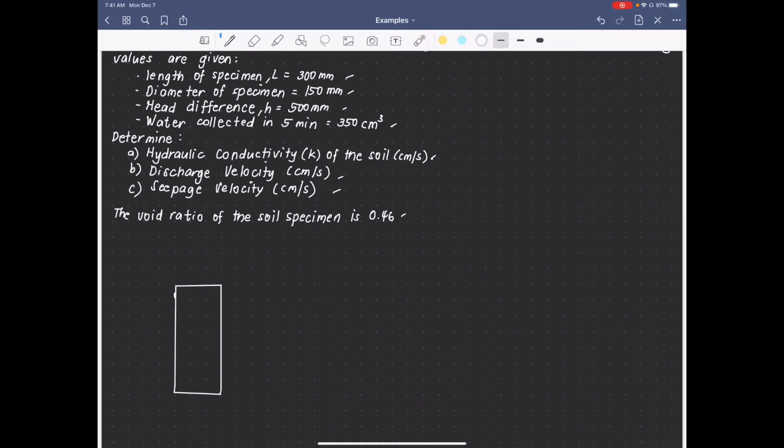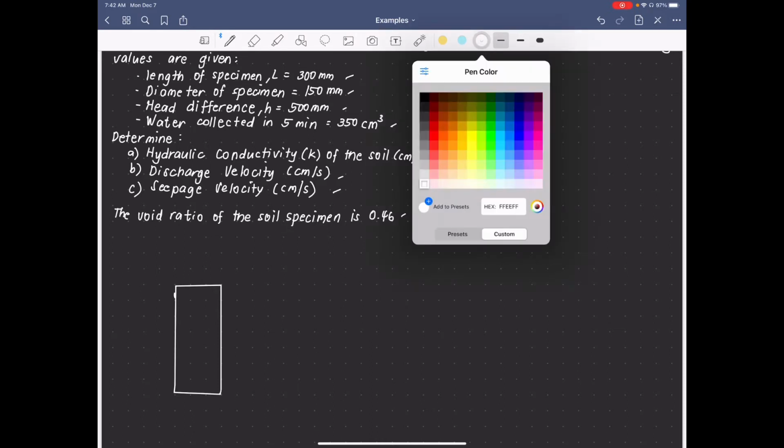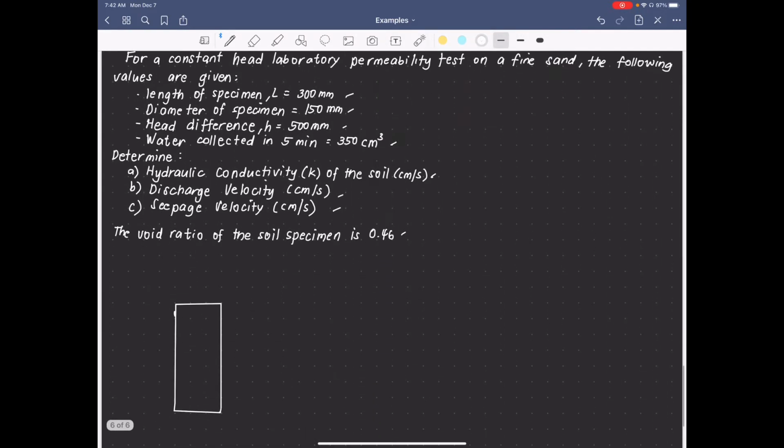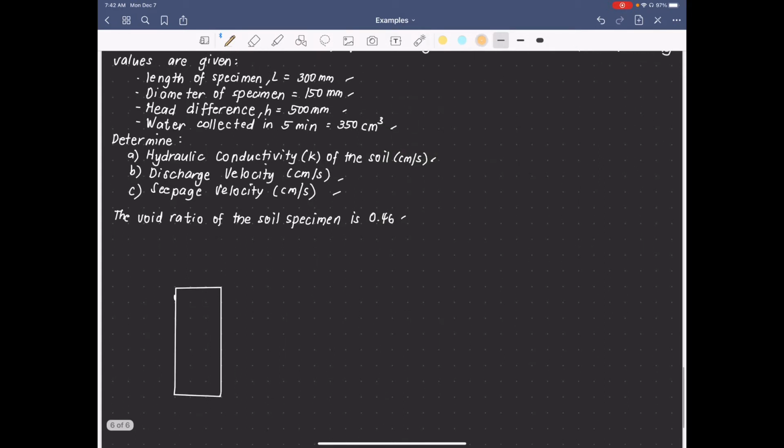Okay, say this is the permeability apparatus. And then our soil sample is, say here, and here. So this is the fine sand.